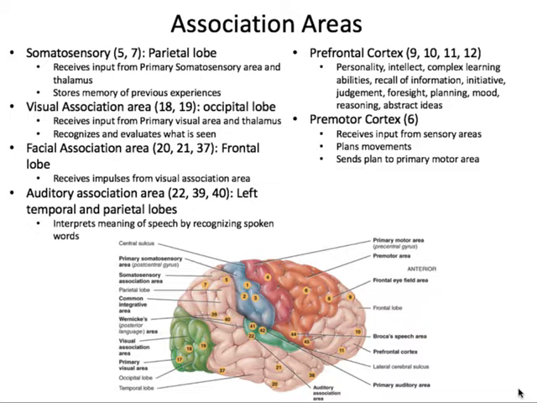In fact, we've found out a lot of information about how this works based on damage that is done to this area. So if you damage both sides of the prefrontal cortex, the left hemisphere and the right hemisphere, you end up really changing your entire personality. You become a completely different person.